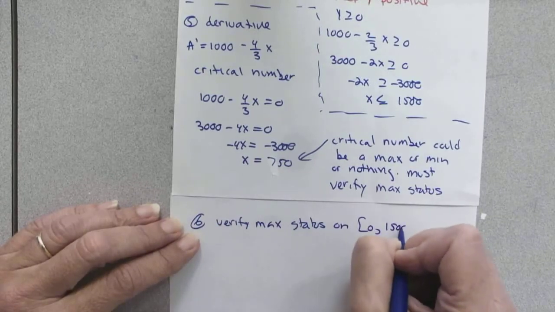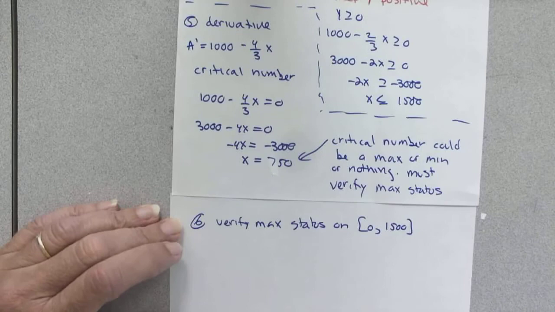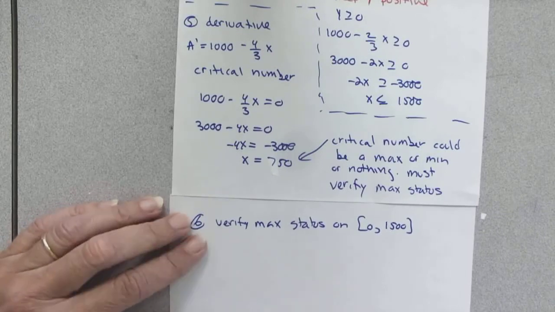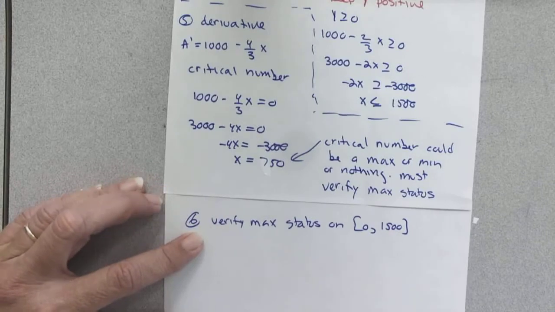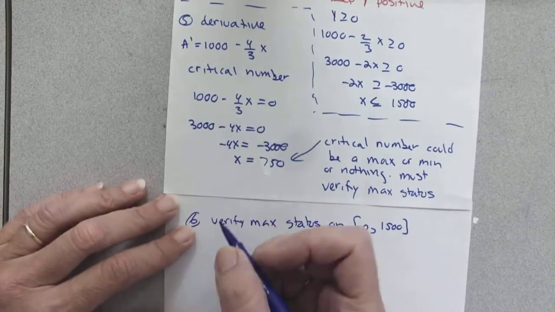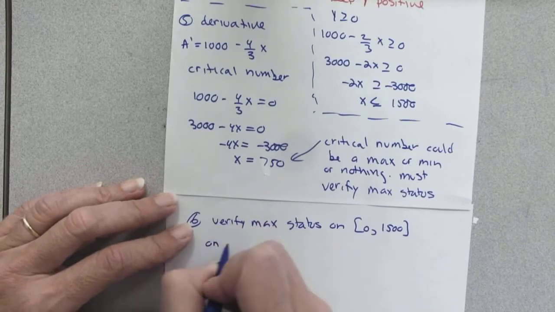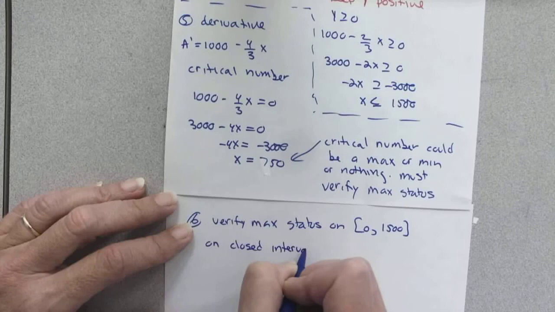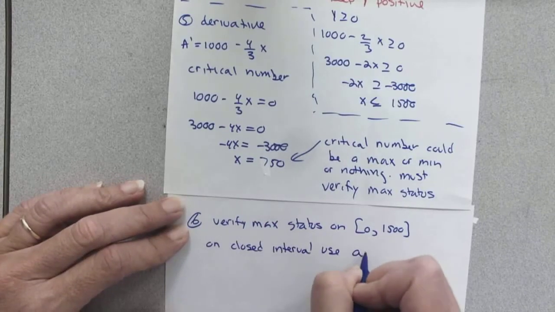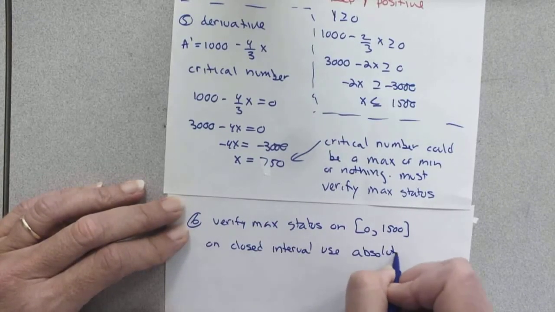on 0 to 1,500. And again, I'm not going to stress much about whether you didn't use the best method to verify the status. I'm just looking for an attempt here. But on a closed interval, your best way is to use the absolute max min procedure.